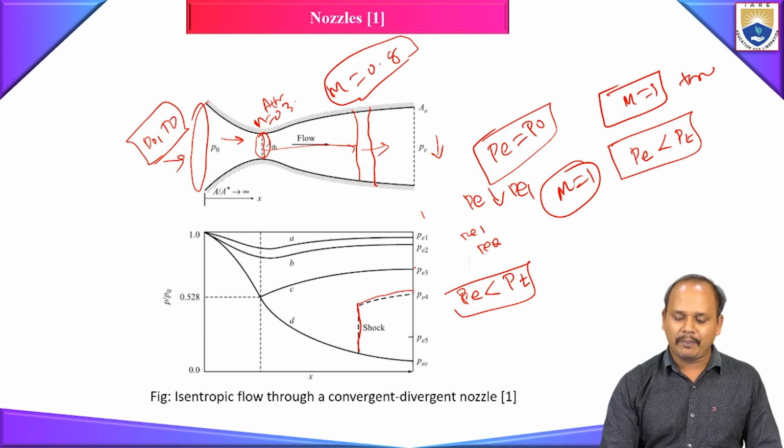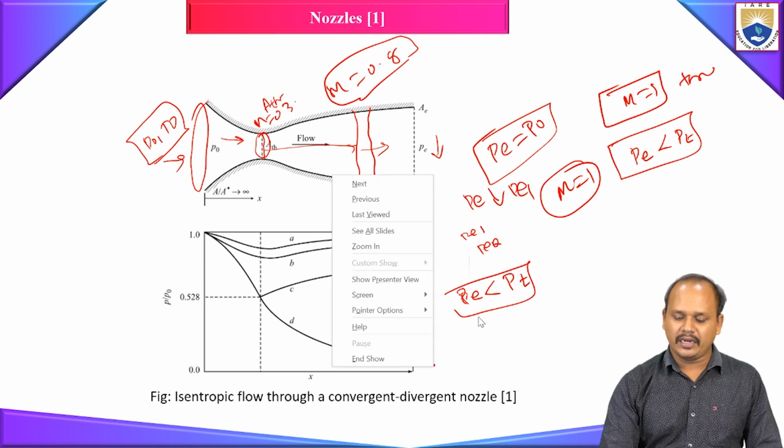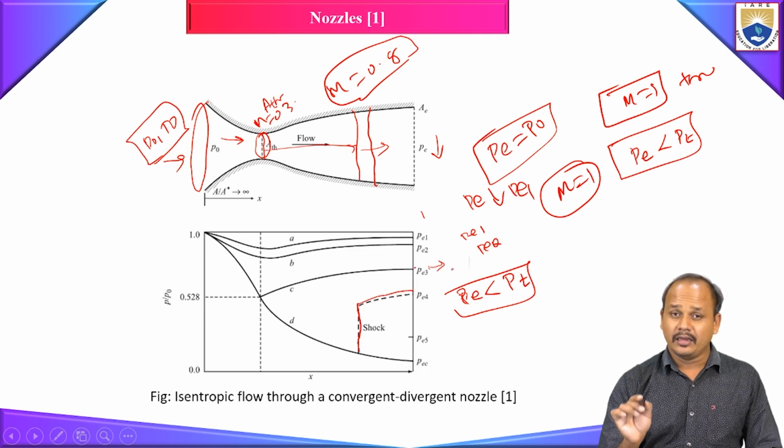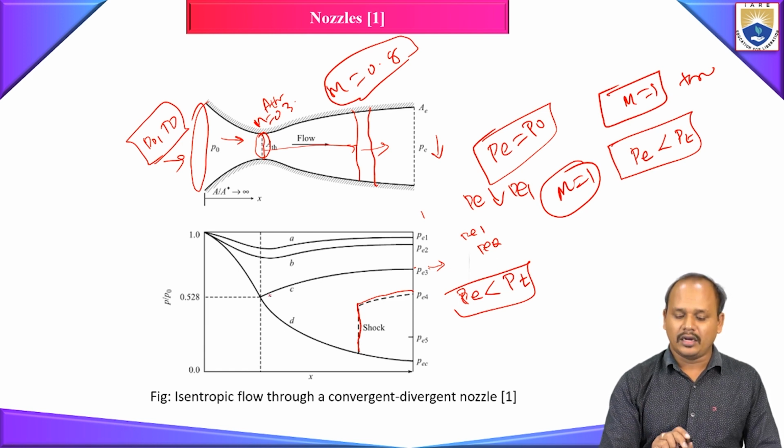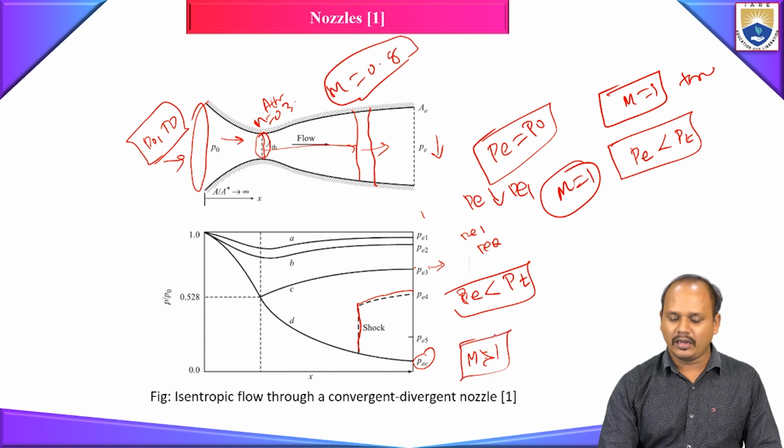So what will happen is that between this PE3 and this PEC, PE3 is basically the minimum back pressure for which you have the choking, or M is equal to 1 at the throat location. Whereas PEC is the minimum pressure corresponding to which you will have the supersonic Mach number at the nozzle exit.